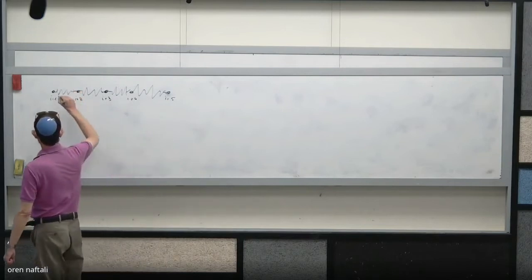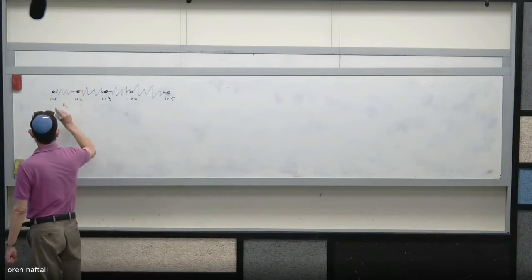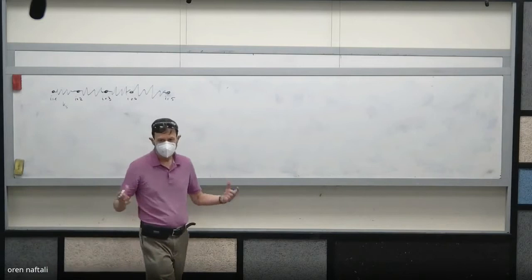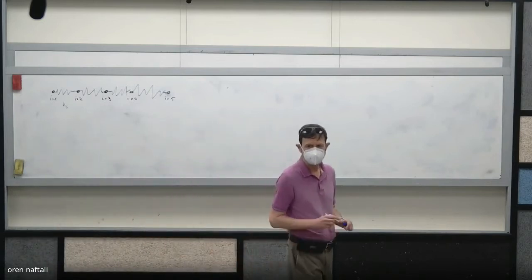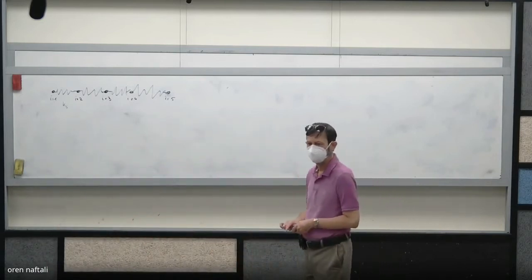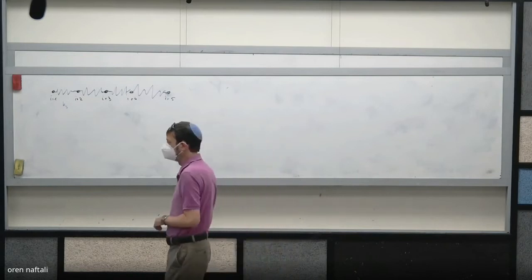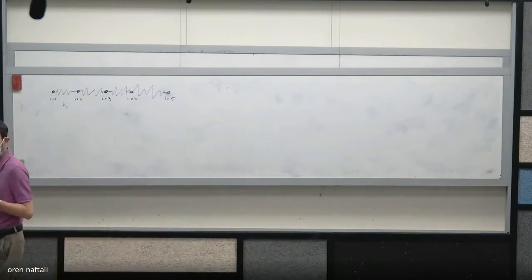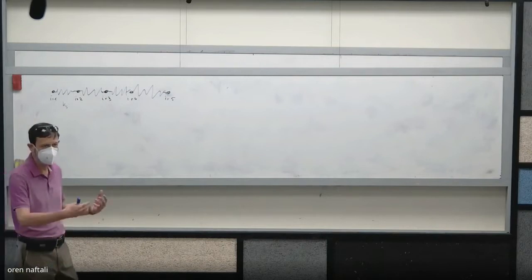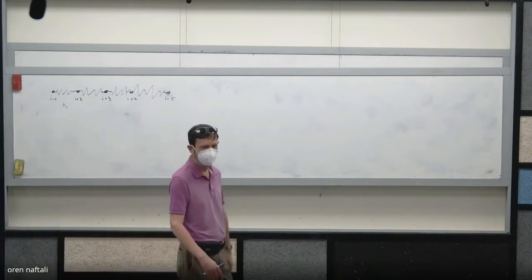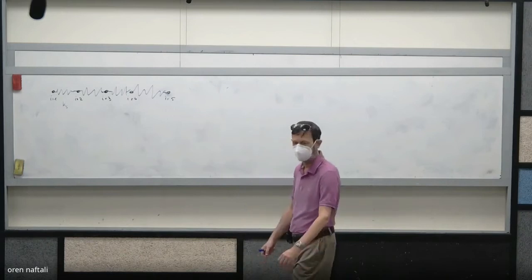Each spring has a constant, let's call it Ks. Why Ks and not simply K? For the simple reason that we'll do a Fourier transform at one point or other, and we don't want to confuse them.